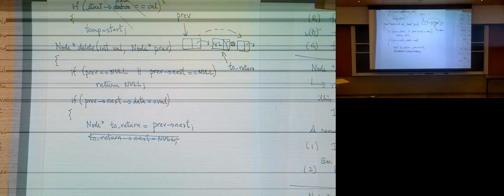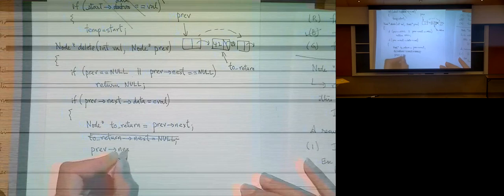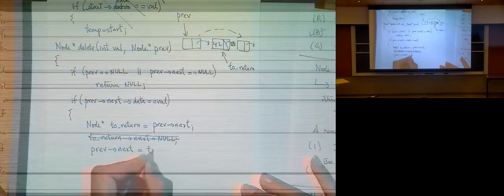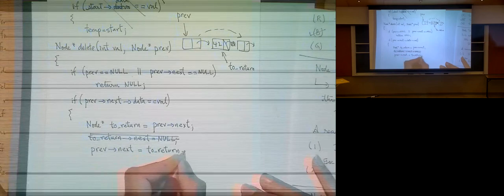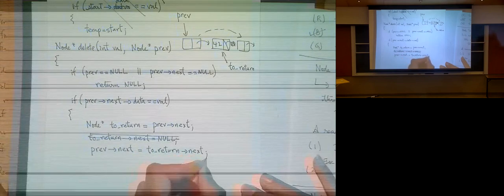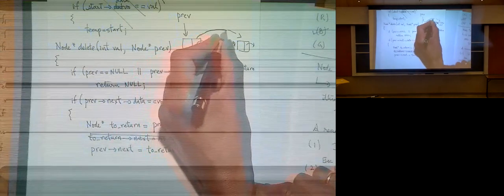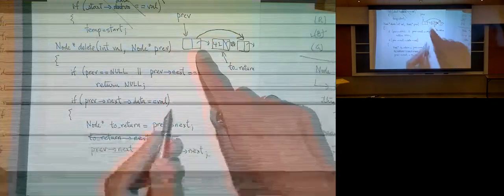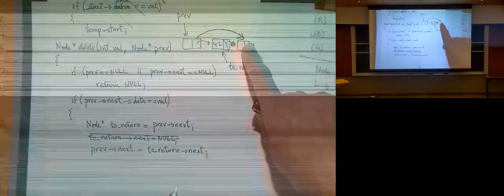Previous arrow next equals previous arrow next, which I can also say is to return arrow next, right? So then I would get that, because previous to return arrow next is this, and previous arrow next goes there instead.